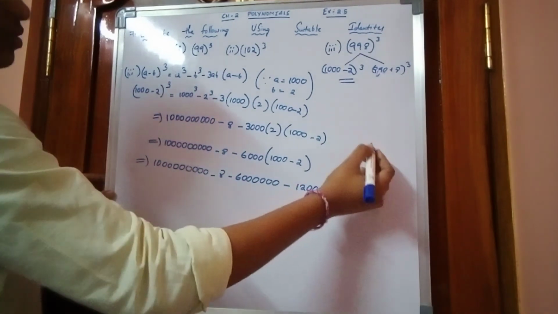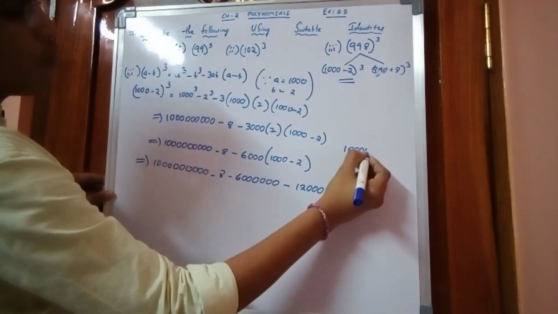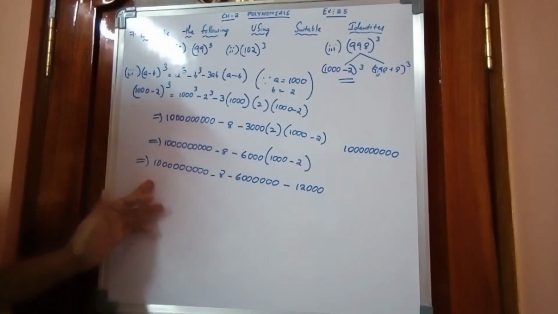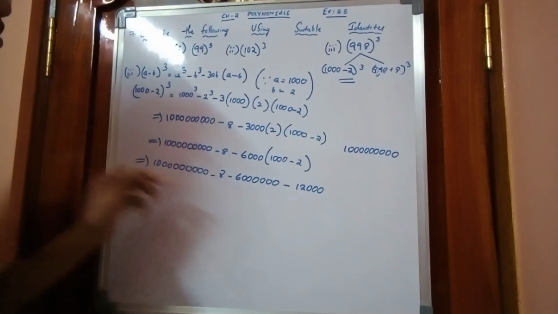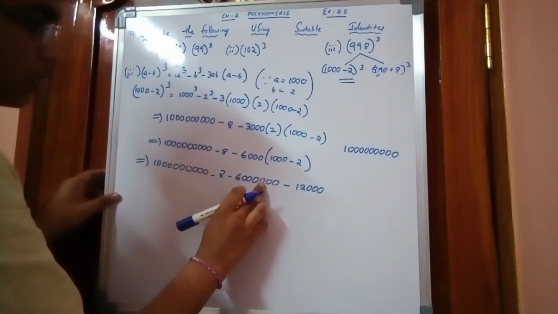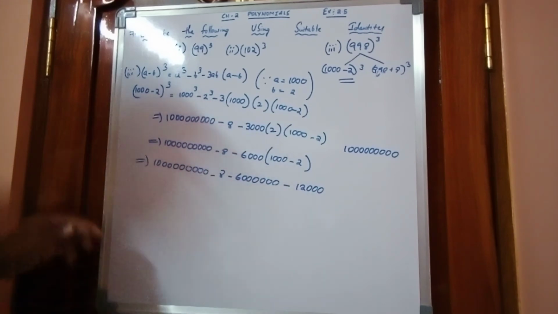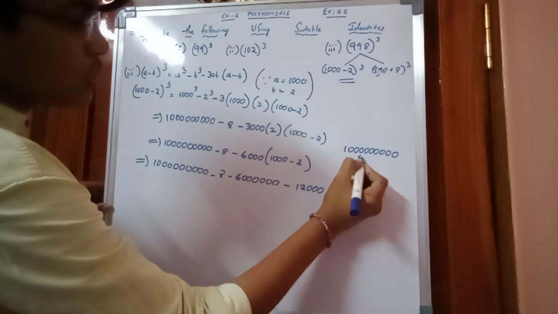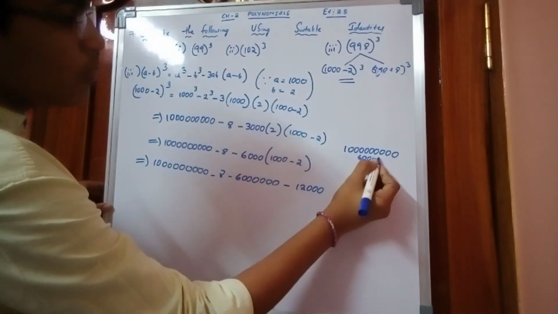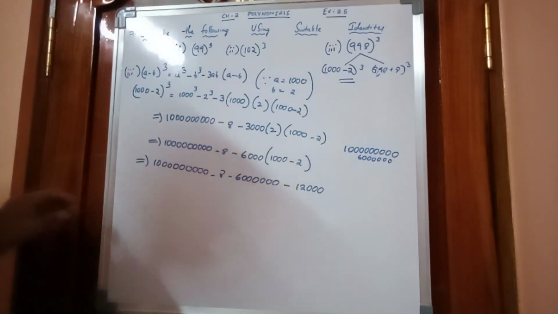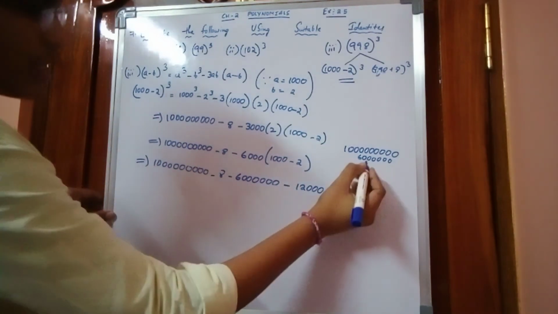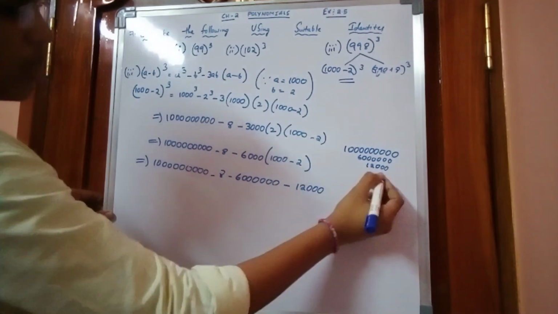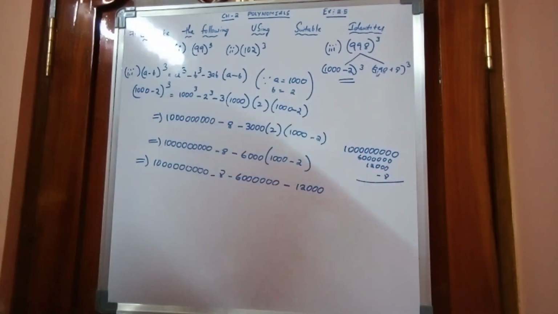Now subtract here 1 2 3 4 5 6 7 8 9, and next highest term is 6 zeros, 1 2 3 4 5 6, so we'll get here 6, and next near term is 12,000, and minus 8. Now subtract this total term.